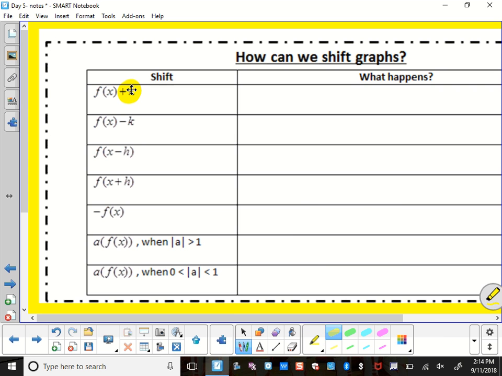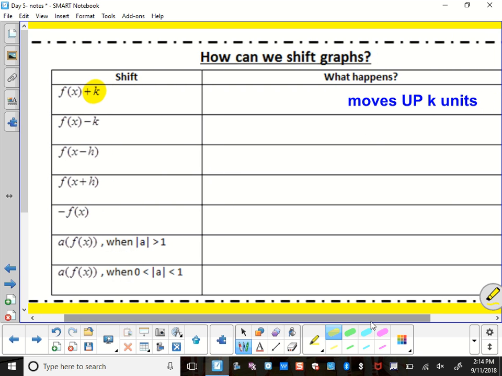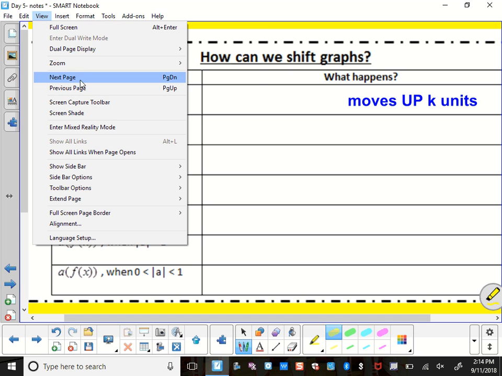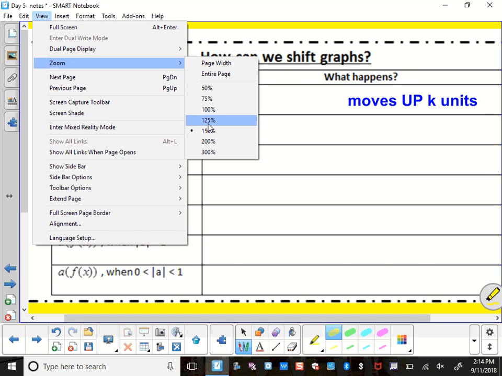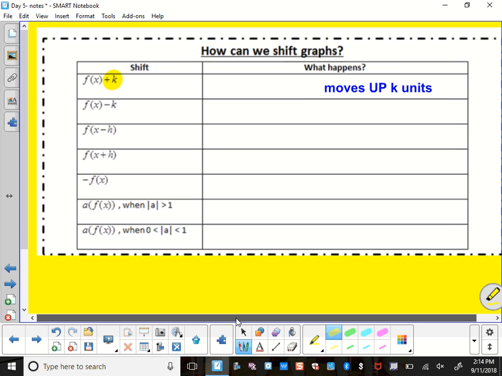Highlight the plus K. If you have a number, which we're calling plus K, that is behind the parentheses, that tells you to move up that amount of units. So we move up, and there's a plus number at the end.